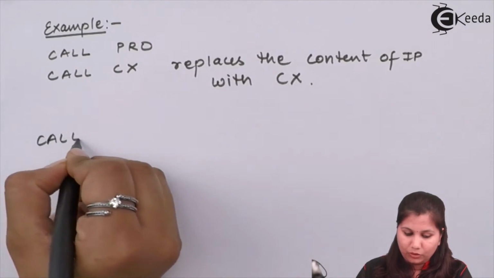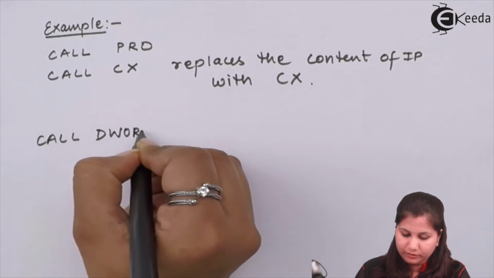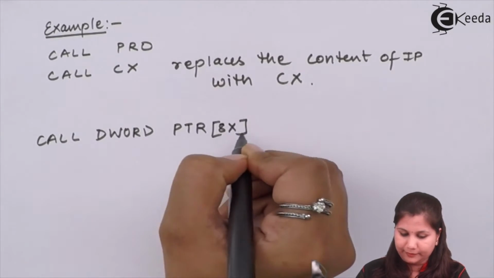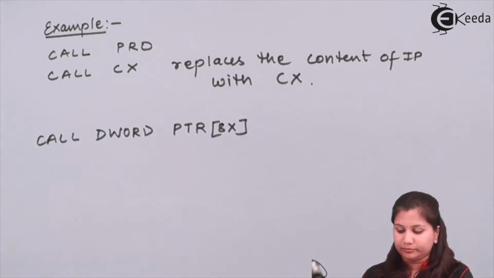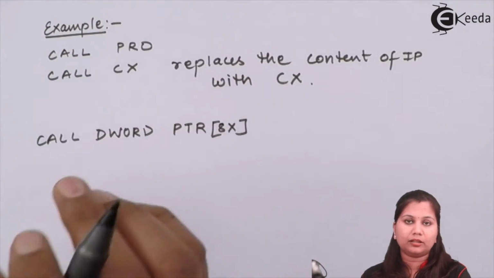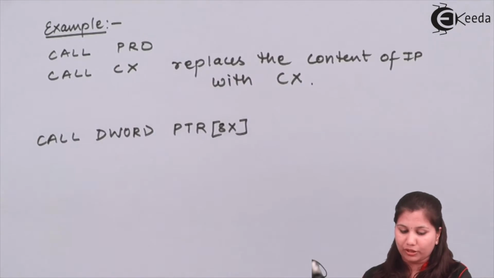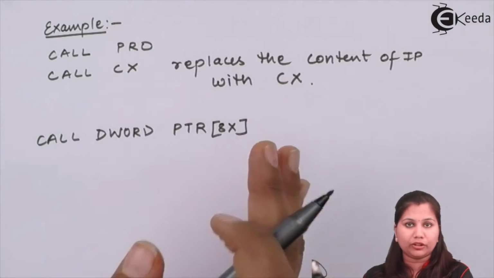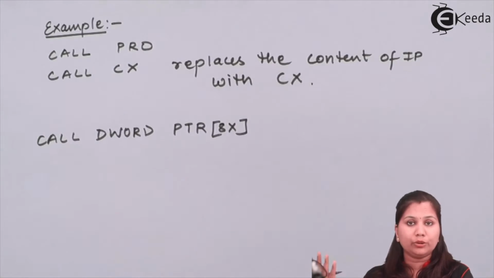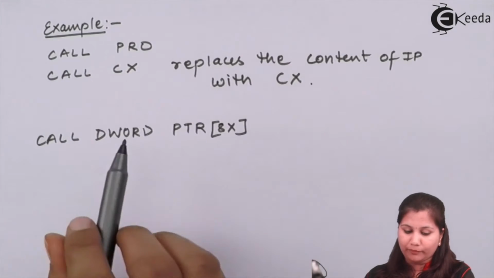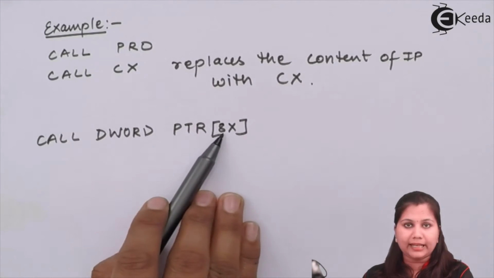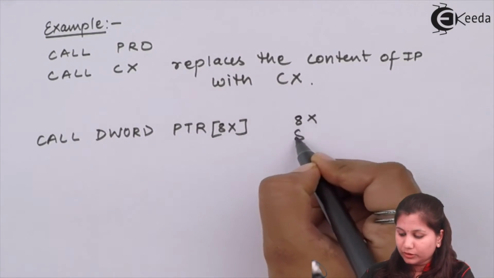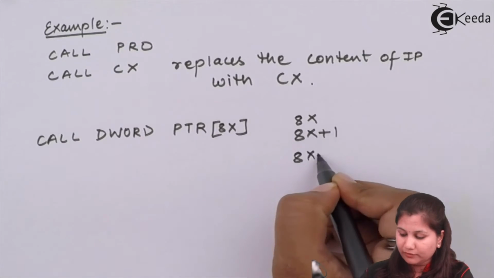The far call will be CALL DWORD PTR 8X. Here the code segment, that is the segment address, and the instruction pointer are fetched from memory locations. The new value of the code segment is fetched from the pointer 8X and 8X plus 1, and for the instruction pointer, 4 memory locations will be used.